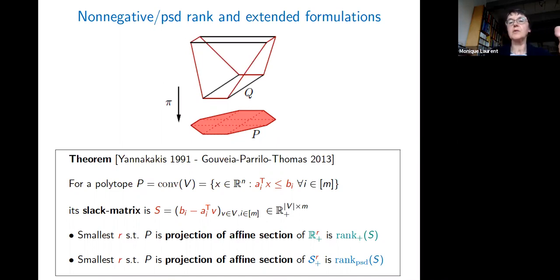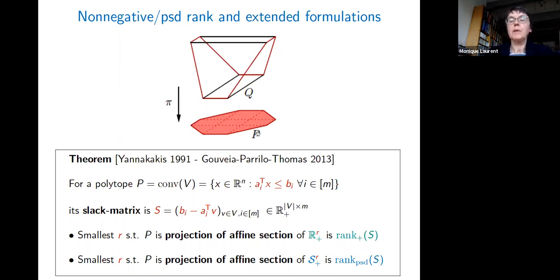This is the idea that you have a polytope P and you try to write it as a projection of another polytope Q in a higher dimensional space, and you want this higher dimensional polytope Q to have as few facets as possible. The smallest number of facets is given by the non-negative rank of a certain associated slack matrix. It's a result of Yannakakis.